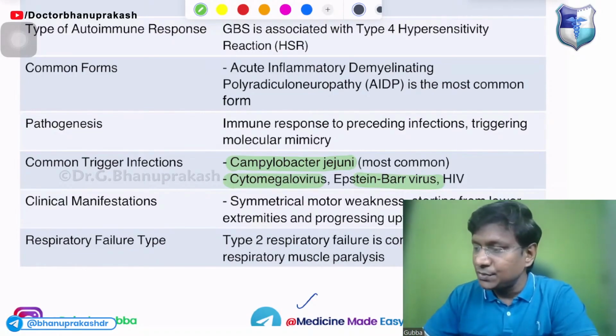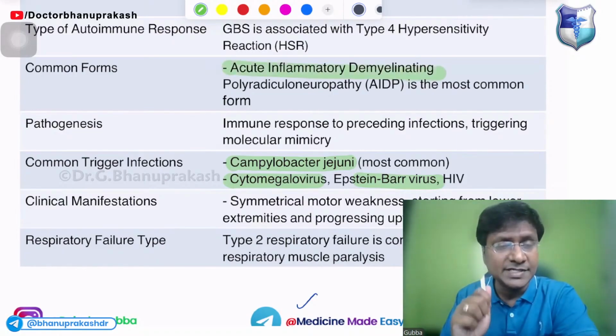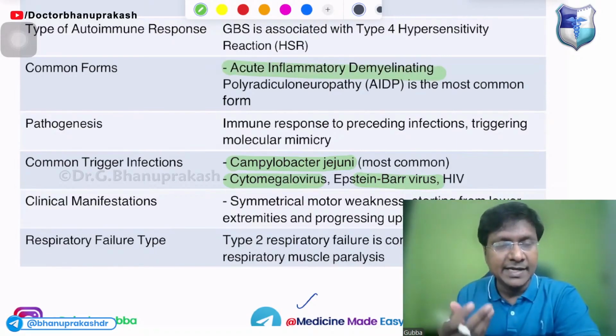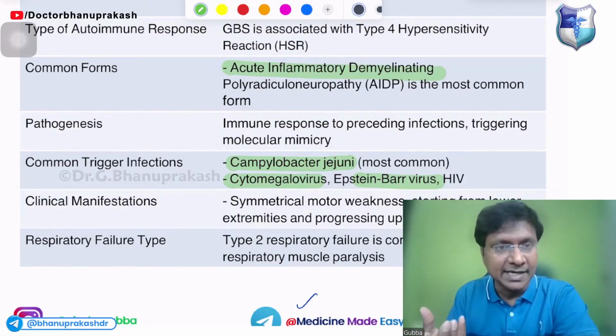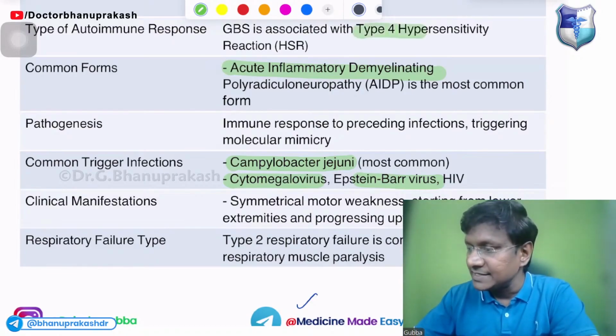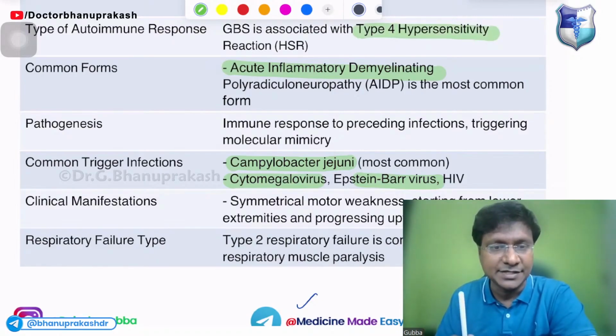It's an acute inflammatory demyelinating disorder. This word is very important. The antibody formation and attack on the myelin sheath is not immediate; it takes almost 7 to 10 days. That is why it is considered a delayed hypersensitivity reaction, a type 4 hypersensitivity reaction.